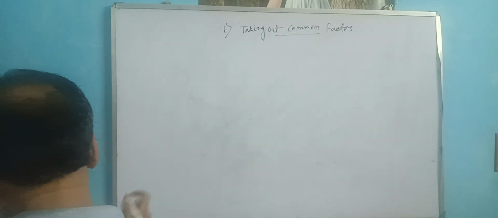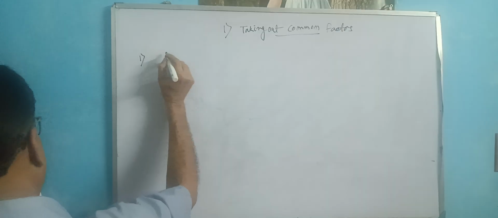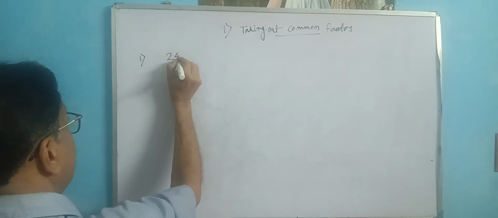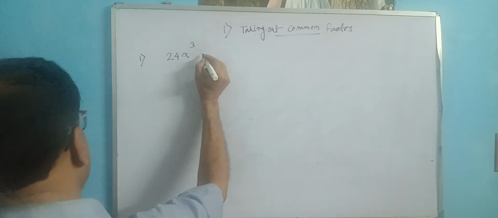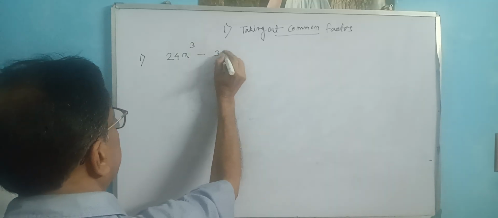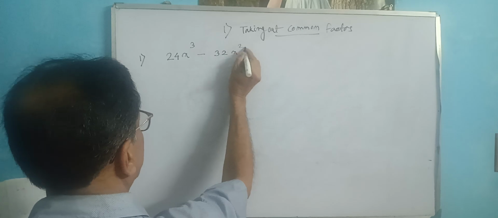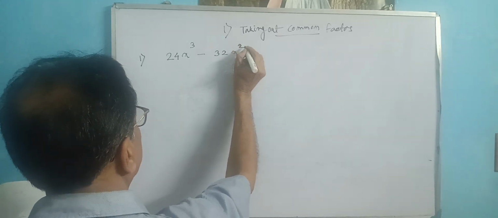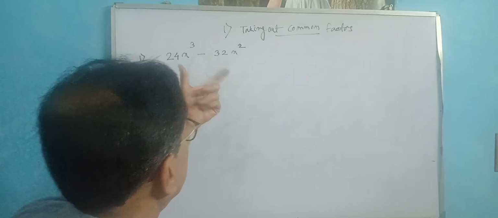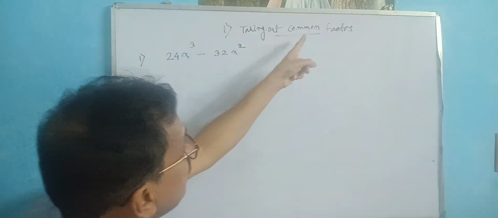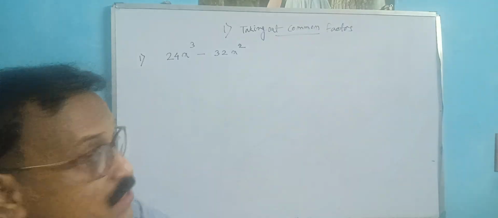Suppose some number 1 here is 24x cube, an algebraic expression, minus 32x square. Okay, clear? In which process? Taking out common factors.